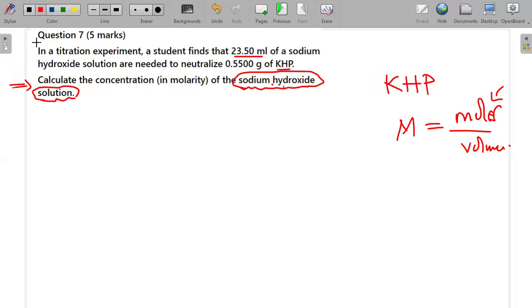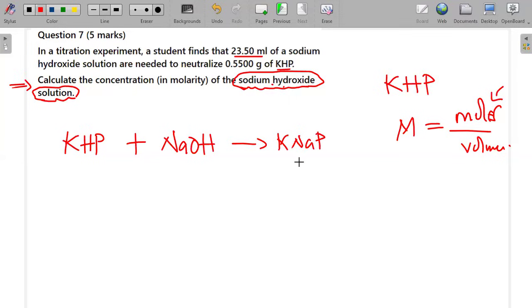So the reaction is that potassium hydrogen phthalate, which acts as an acid, plus sodium hydroxide gives potassium sodium phthalate plus water. Because this is an acid, this is a base, you're always going to produce a salt and water.